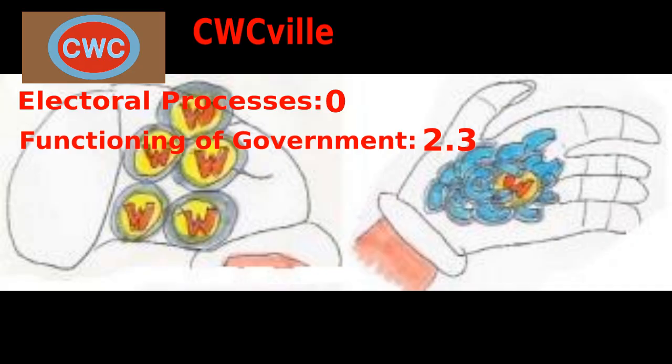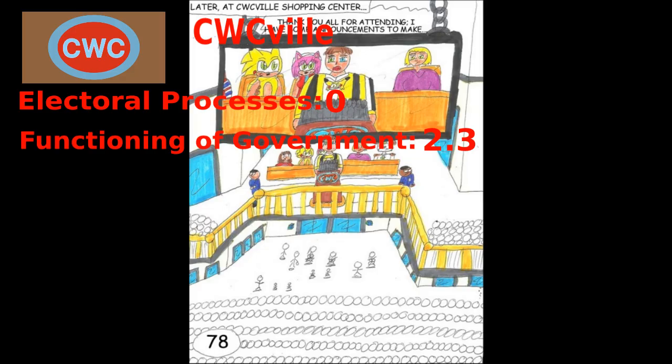The government itself, however, is very authoritarian. Checks and balances are practically non-existent. The mayor is a consolidated position encompassing the legislative, executive, and judicial branch.